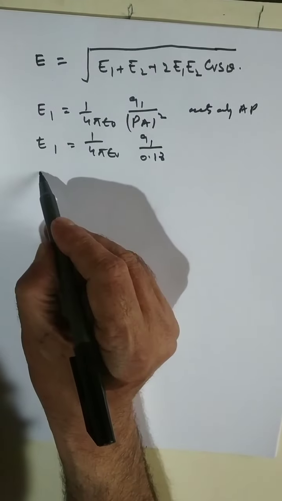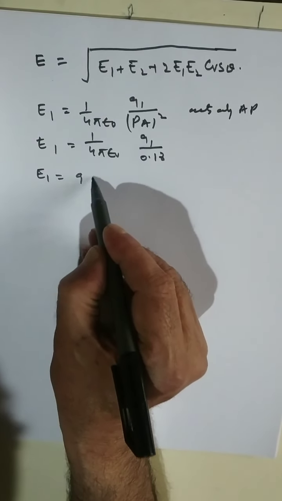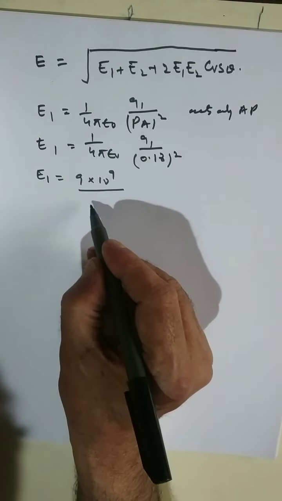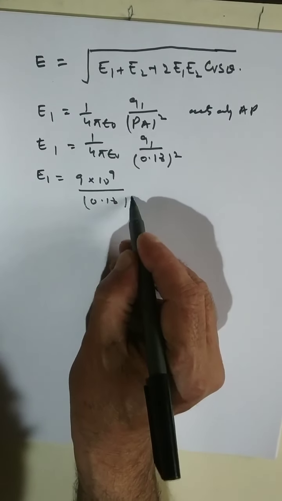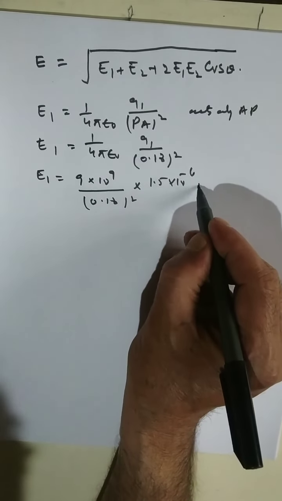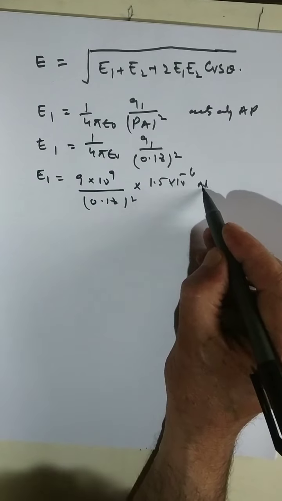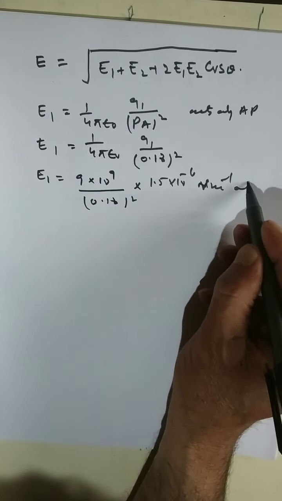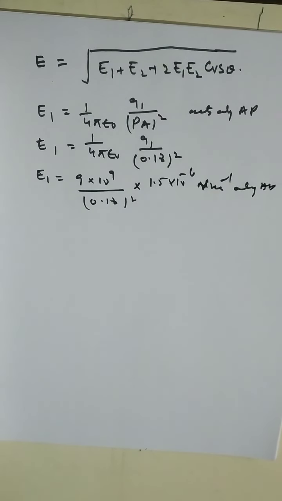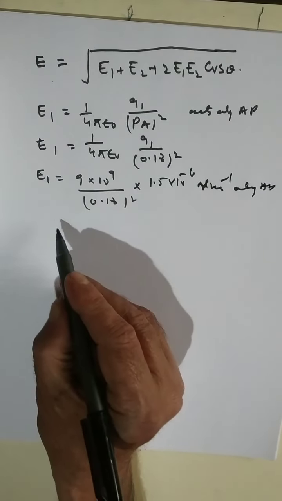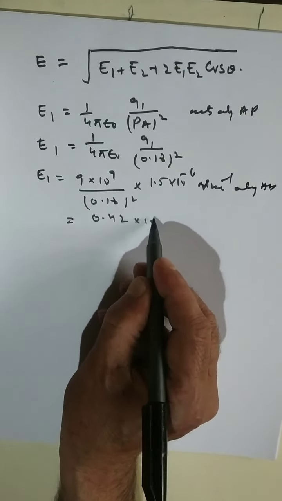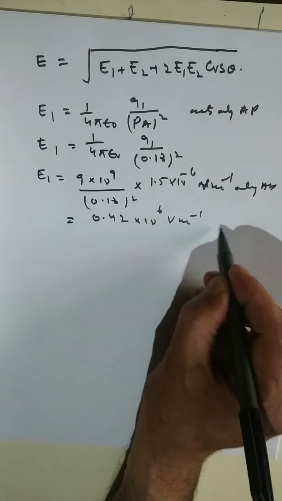So substituting all the values, we will get E1 is equal to 9 into 10 raised power 9 divided by 0.18 whole square into Q1, that is 1.5 into 10 raised power minus 6, in Newton per coulomb or volt per meter, along AP. So when we calculate, this comes out to be 0.42 into 10 raised power 6 volt per meter along AP.